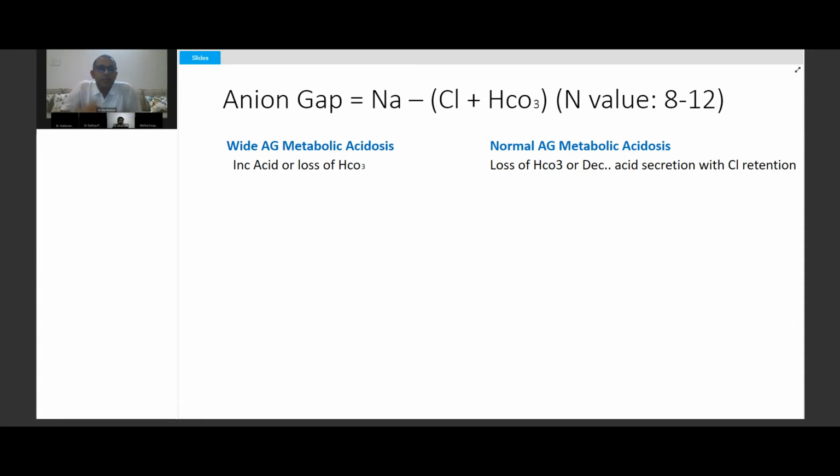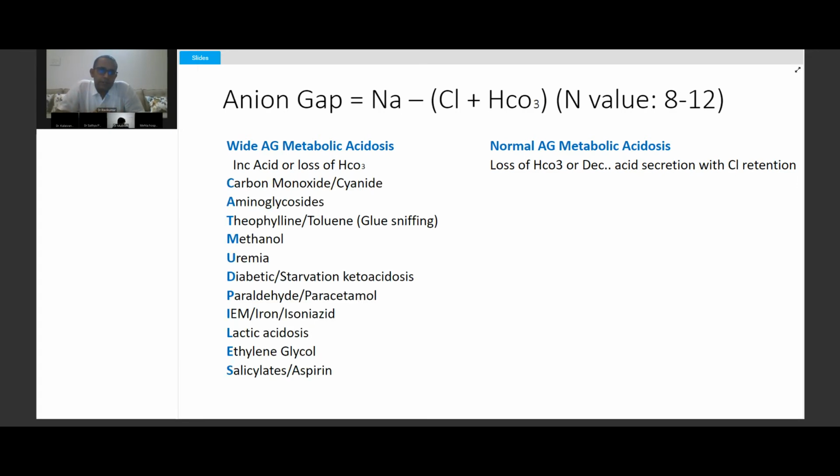In a normal anion gap metabolic acidosis, you have a loss of bicarbonate, or there is decreased acid secretion by the kidney with chloride retention. We have a lot of mnemonics to remember, and most of us remember MUDPILES. Basically, you need to understand it's going to be either toxins or metabolism which gives you a wide anion gap metabolic acidosis.